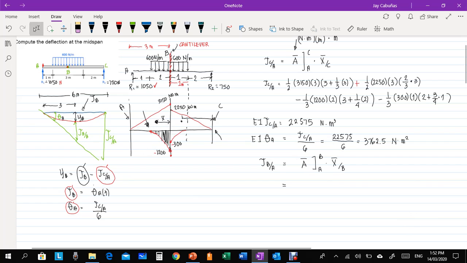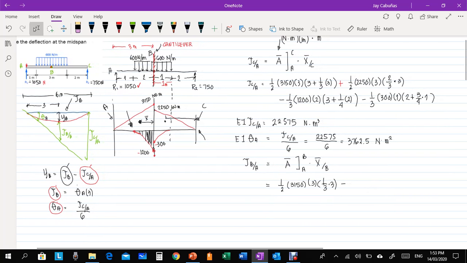What is the area now? That is 1/2 times 3150 times 3, right? Times the centroid. Again, the centroid is automatically from B. So from B, that is 1/3 of 3. Next, minus the negative area. Again, this one is parabolic.